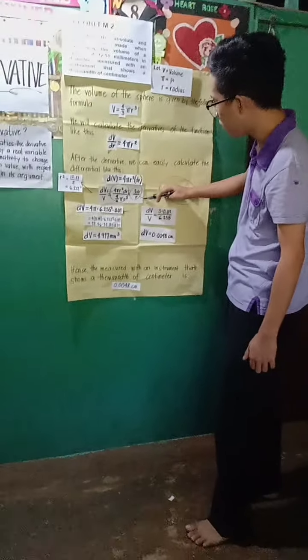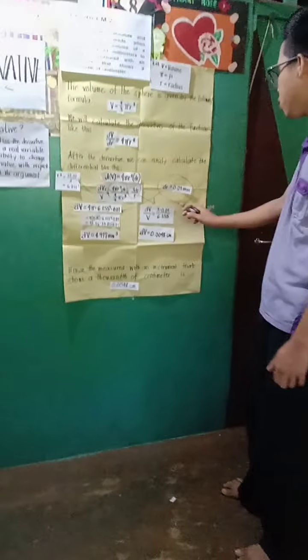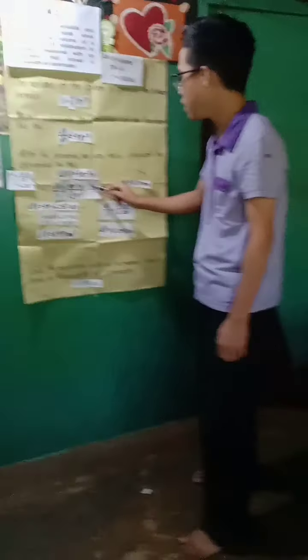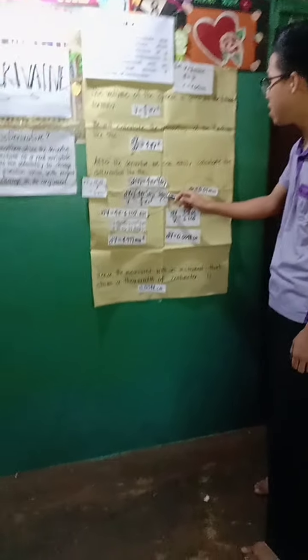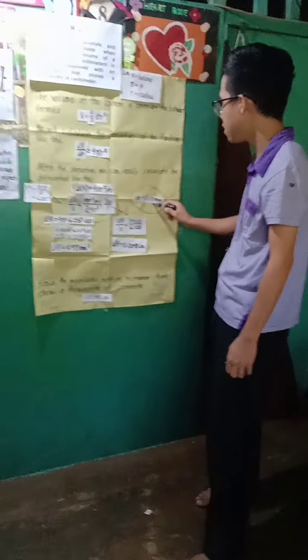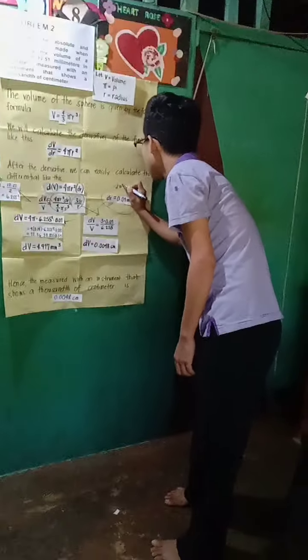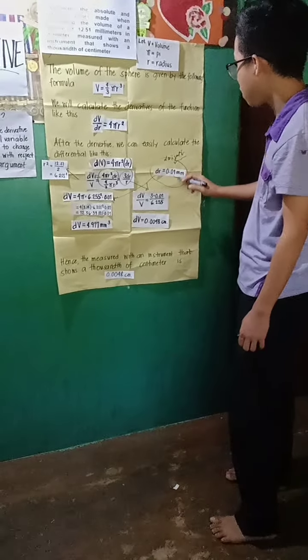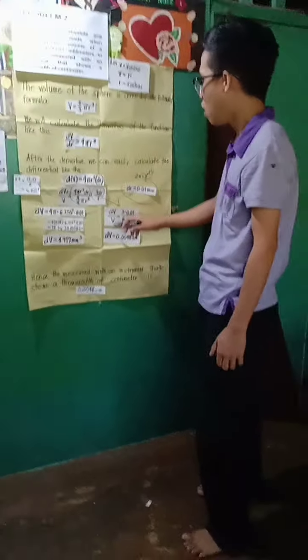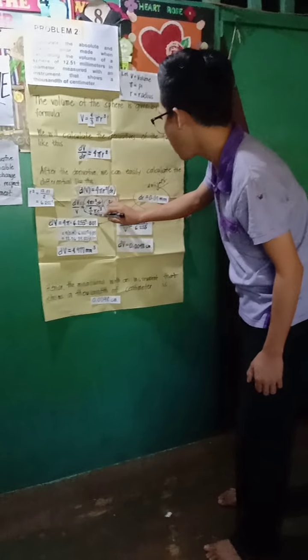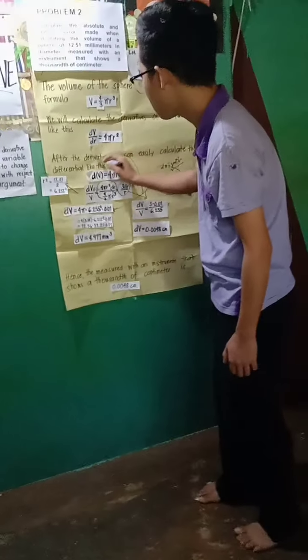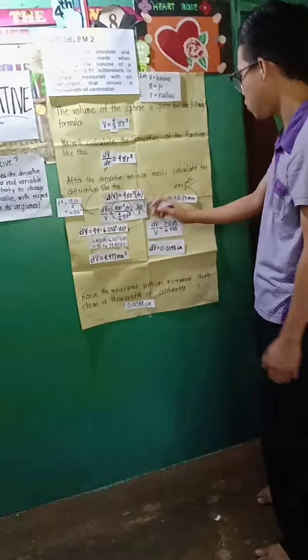The formula is here, and here are the answers. So the solution: the derivative of volume divided by volume is 3 times the derivative of radius, here 0.01 millimeter, divided by the radius, 6.255.